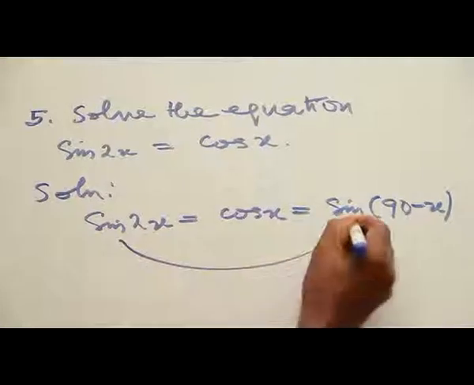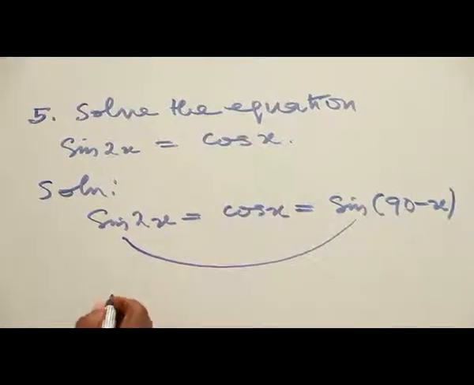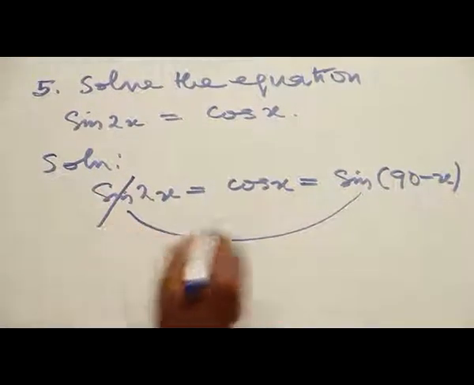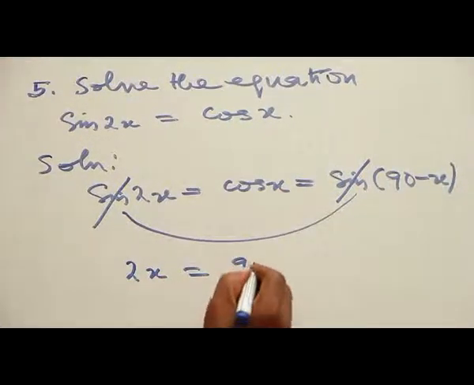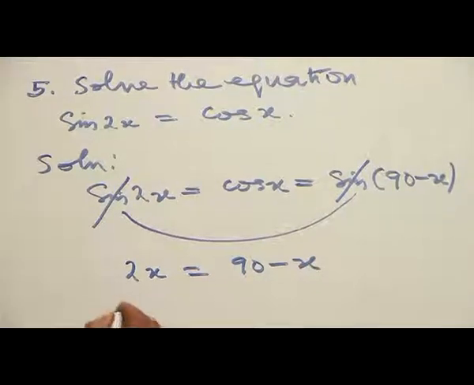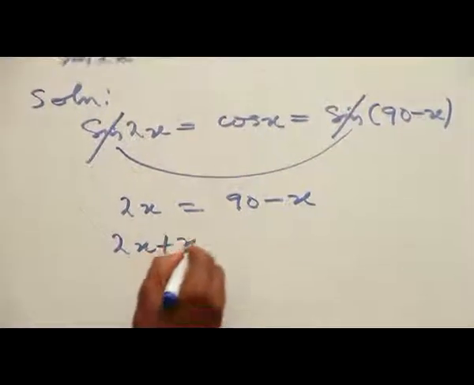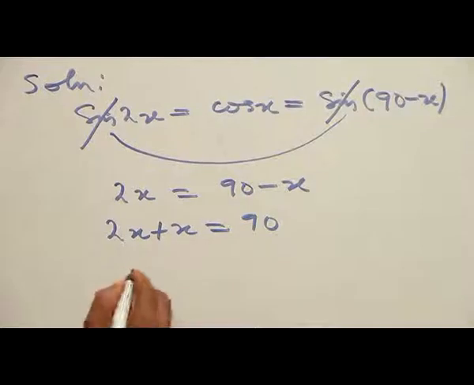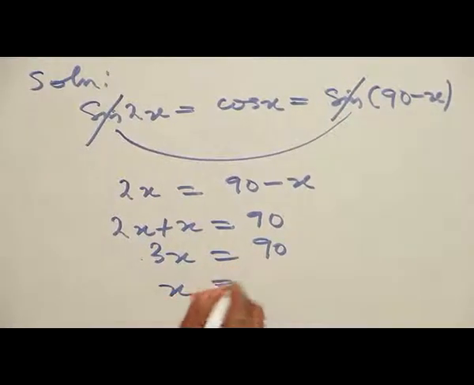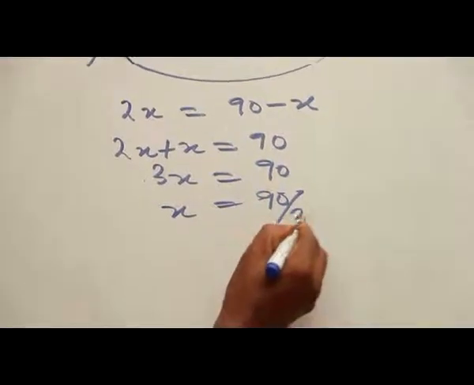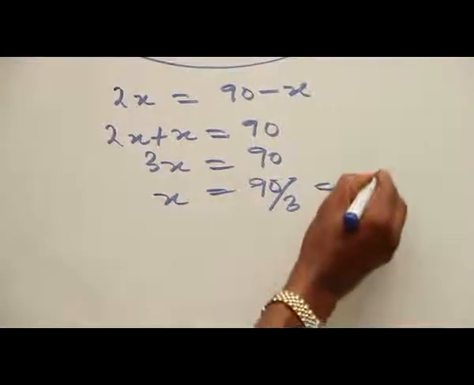Combining this and this, you now have that your sine will cancel the sine, and you have 2s equal to 90 minus s. Then your 2s plus s collected like terms is equal to 90, giving you 3s is equal to 90, and your s is equal to 90 divided by 3, and that is equal to 30 degrees.